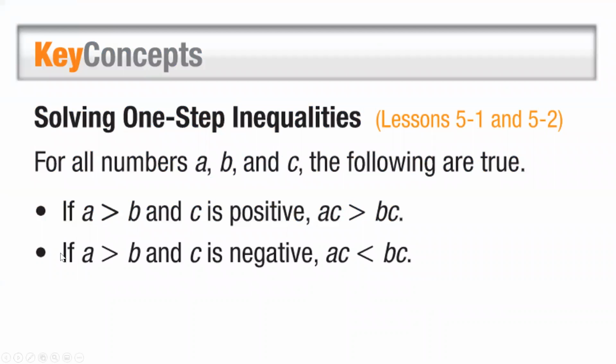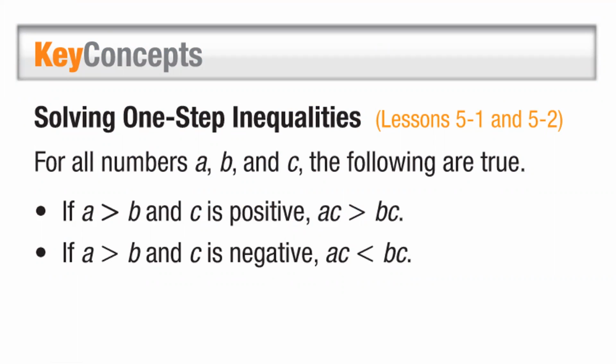All right, so key concepts. First, for lessons 5-1 and 5-2, it says for all numbers A, B, and C, the following are true. If A is greater than B and C is positive, then A times C is greater than B times C. And if A is greater than B and C is negative, then A times C is less than B times C. Okay, so basically what you want to remember when you're solving inequalities, one step, two step, multiple step, whatever it is, you solve them just like equations.